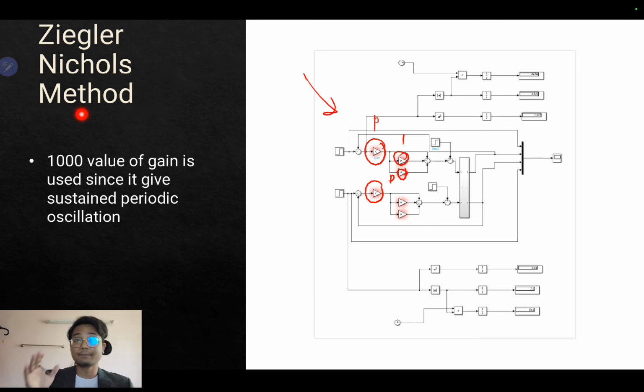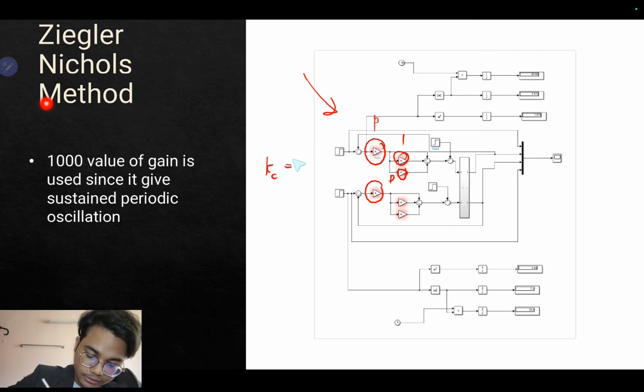So we increase the P controller value until the oscillation reaches a sustained period. It means that, for example, we got a Kc value of 1, because we only add the proportional. So our graph will be like here.